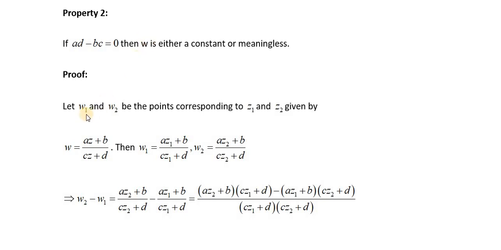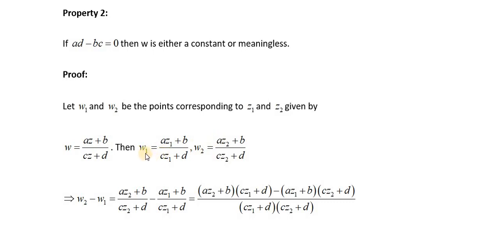So here you can observe, I am taking W1 and W2 to be two points corresponding to Z1 and Z2, given by this. This is our value of W. Now I need W1, so W is replaced with W1 and Z replaced with Z1. To get W2, replace Z with Z2.